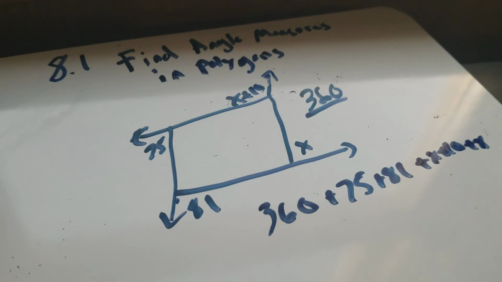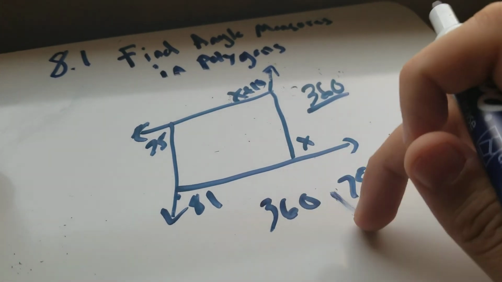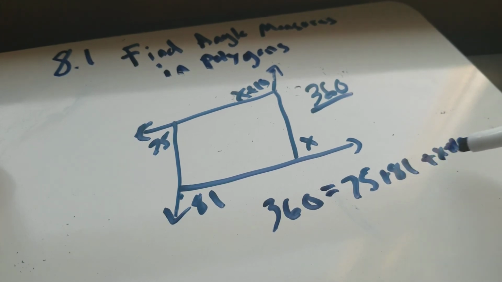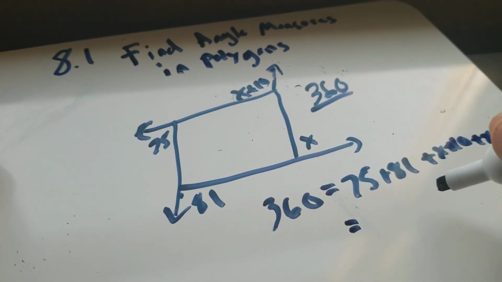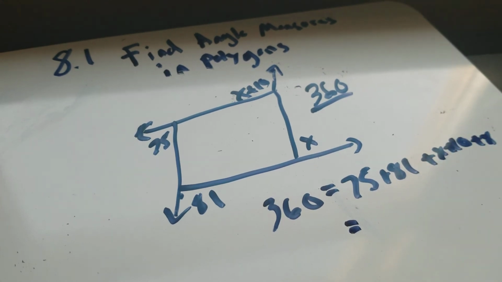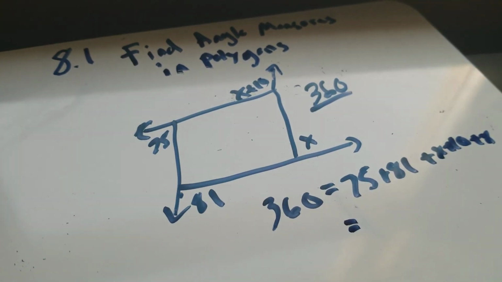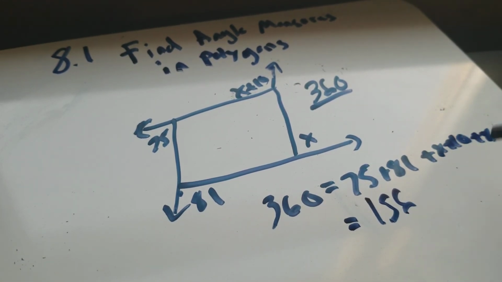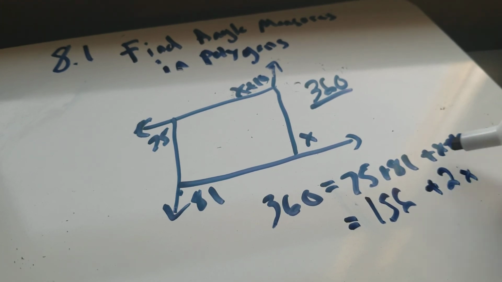Oh, I'm sorry. It's 360 equals all that stuff. So then 75 plus 81 plus x plus 10 plus x. So that is going to become 75 plus 81, which is 156. x plus x is plus 2x. Oh, and I forgot the plus 10.